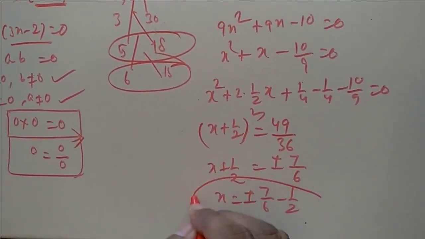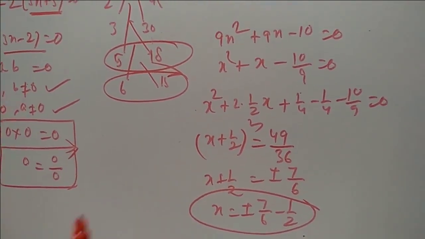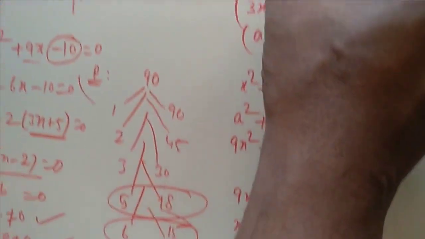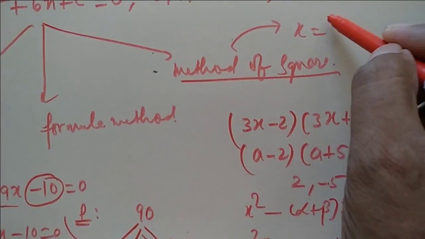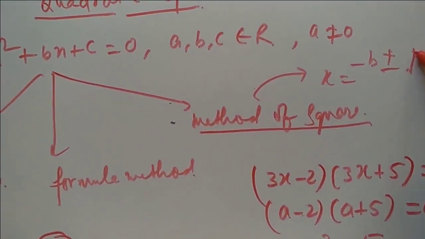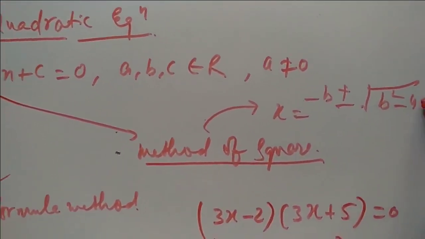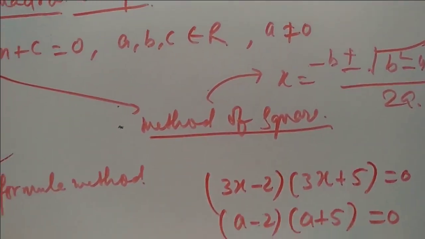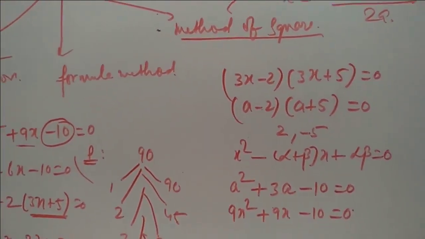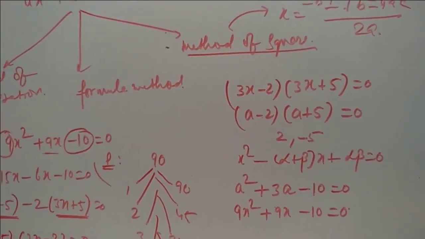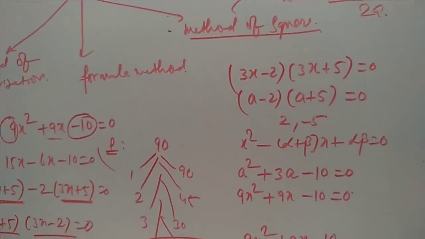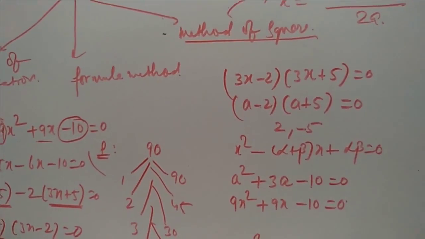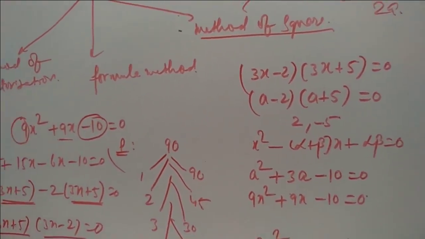This way also you can find the solution, x equal to plus minus, minus half. First you take the plus and then find the value, and then take the minus. So this is also indirectly related to the formula method, where you just directly compare and find the equation and use minus b plus minus. This is how you can solve the equation in these three ways.